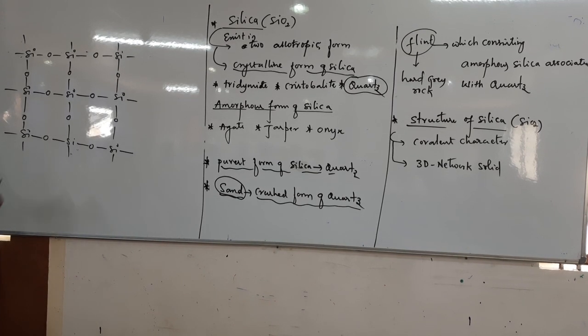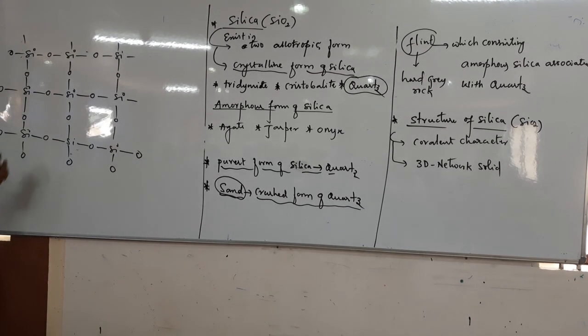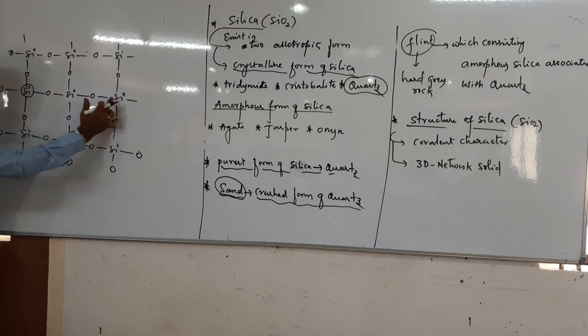If you see, each silicon atom is tetrahedrally surrounded by 4 oxygen atoms. Consider a silicon atom tetrahedrally surrounded by 4 other atoms, 1 2 3 4. And in turn each oxygen atom is connected with another silicon atom, oxygen, silicon.